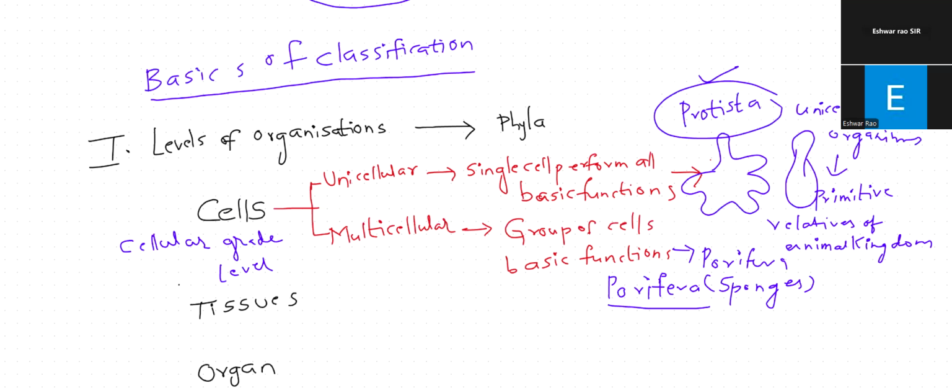Next, tissues. When you come to the tissues here, a group of cells, this is one cell, assume here is another cell, like that, a group of cells is going to perform a common function. And moreover, their origin is also the same.